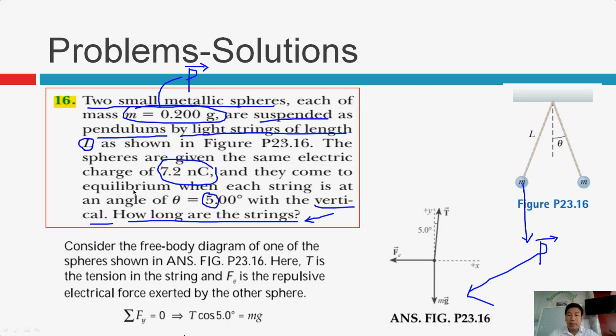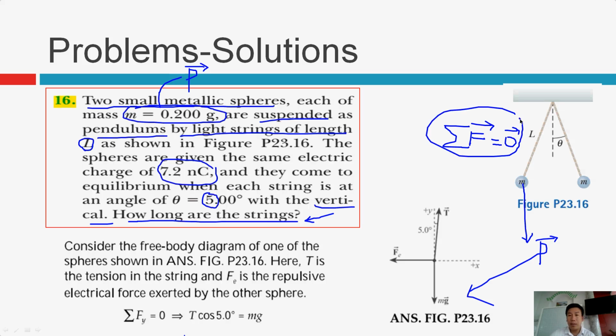Okay, in this case, this mass is in the stable position. It's in stable position. So we need to have the total force that's applied on the mass be equal to 0.